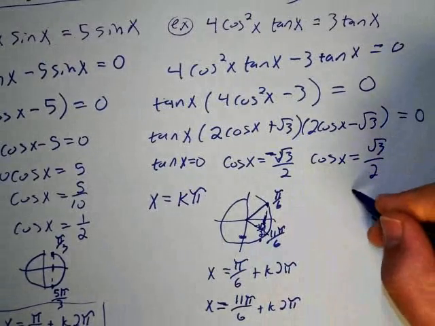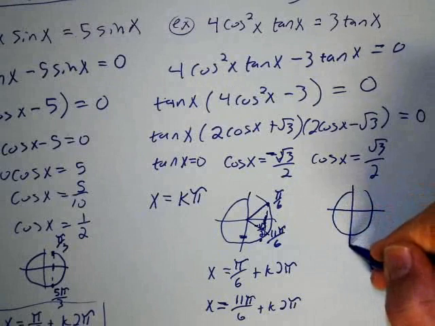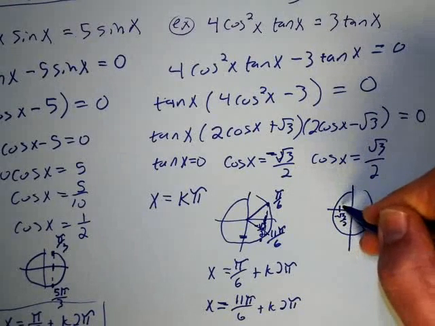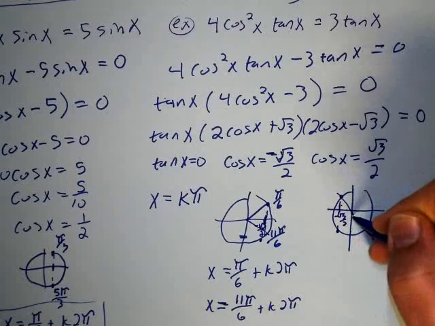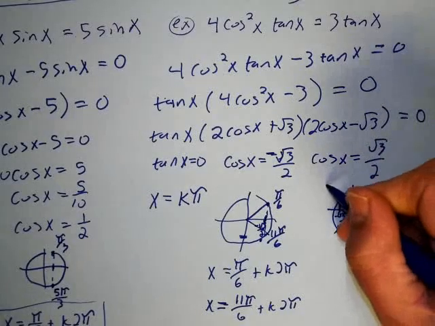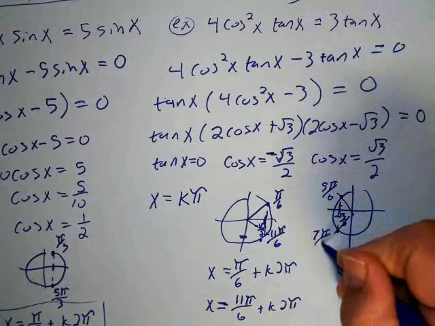And this one is the negative, right? So if I did a unit circle over here, it would be like negative square root of 3 over 2, and you get this one and this one. And this would be 5 pi over 6 and 7 pi over 6.